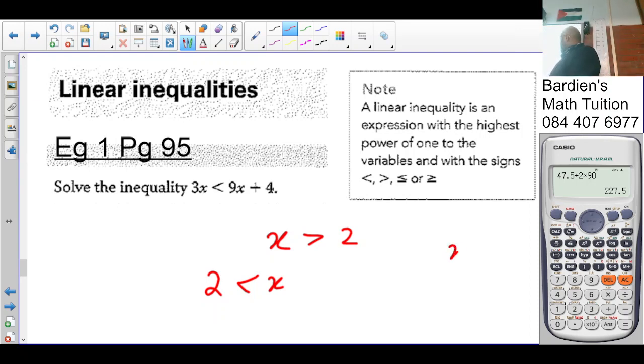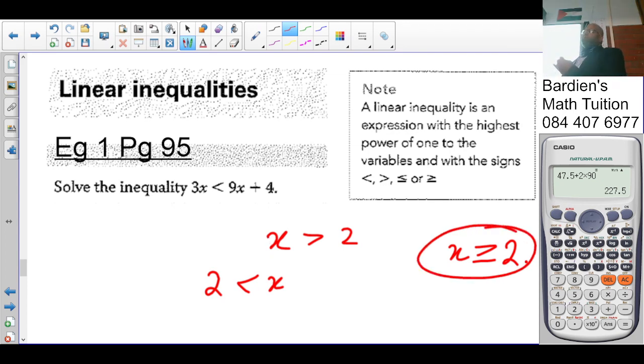What is this here? X is more than or equal to 2. What does that mean? Which numbers can x be? 2, 3, 4, all the way to infinity, or any value.